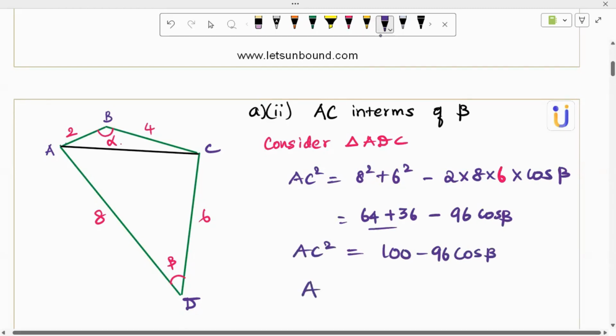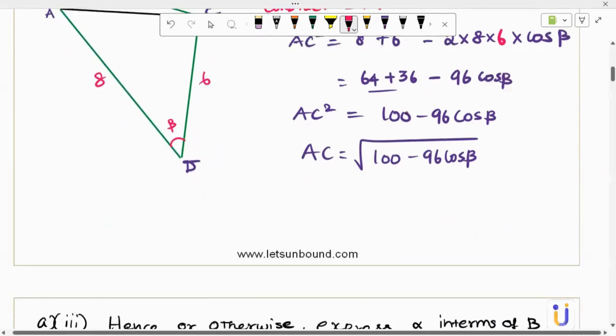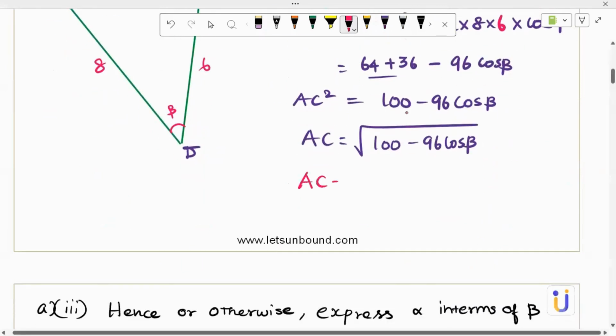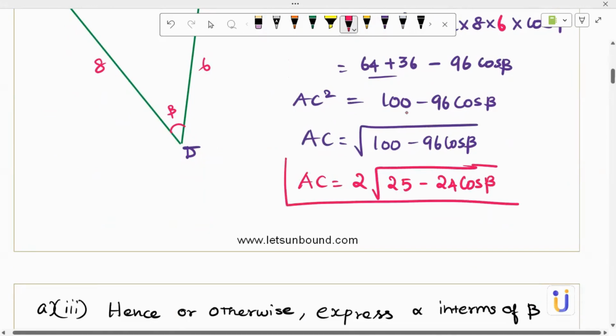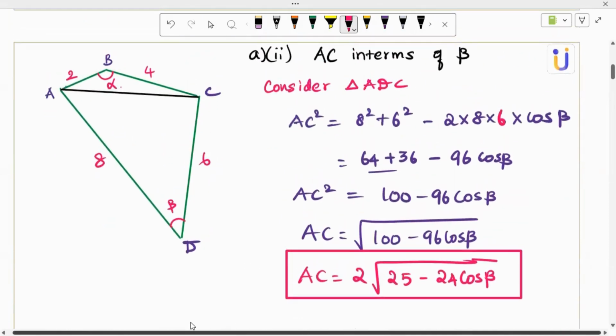We want AC, and AC is equal to the square root of 100 minus 96 cos beta. I can take 4 common out from this to simplify it further. So AC is equal to, when 4 comes out of the root it will become 2, and this is the square root of 25 minus 24 cos beta. So AC in terms of beta also we have converted.